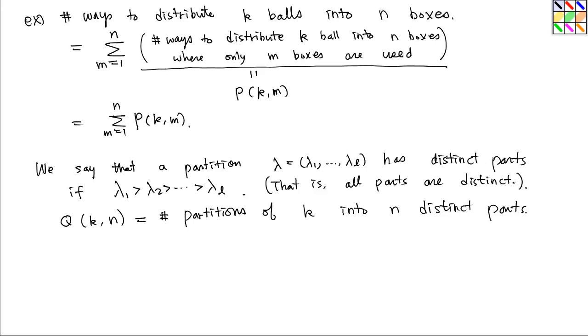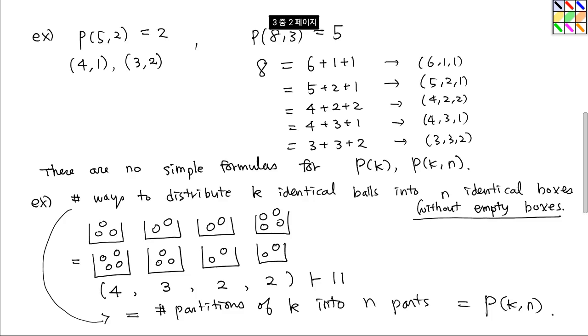So for instance, Q of 8 comma 3 is, let me go back to this. So here, if you look at each partition, this one has repetition, so we don't want this.